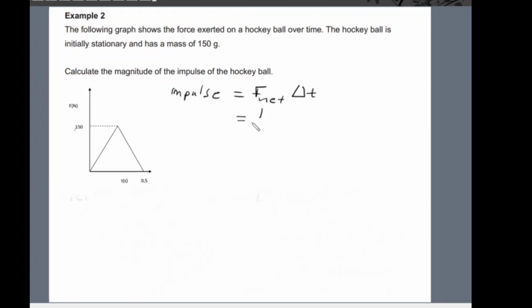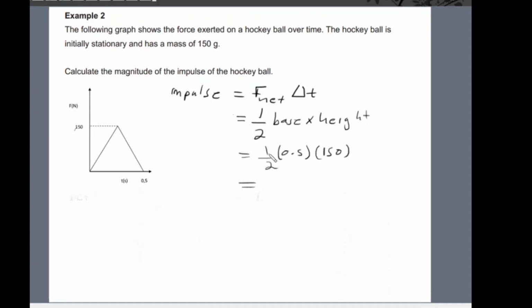The formula for area is half base times height. What is the base? The base is 0.5 and the height is 150.